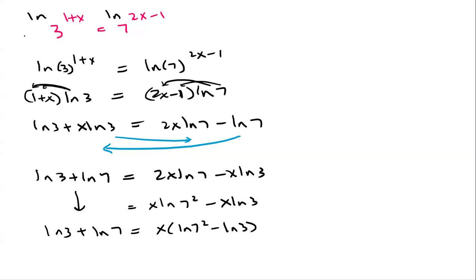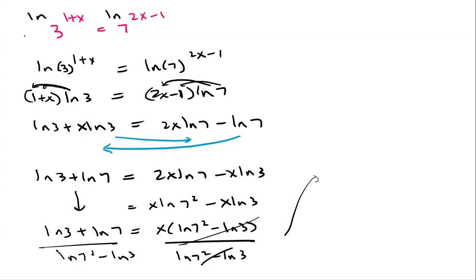All right, and then the next step is we're going to divide both sides because again, we want to get x by itself. So we're going to divide this by ln of 7 squared minus ln of 3, and then ln of 7 squared minus ln of 3. So that cancels there. So that leaves us with x, and I'm going to now combine this. So we have ln 3, ln 7, so I can multiply those as 3 times 7.